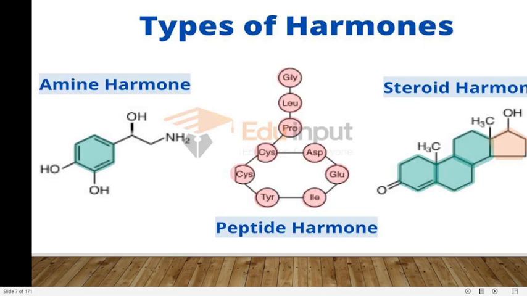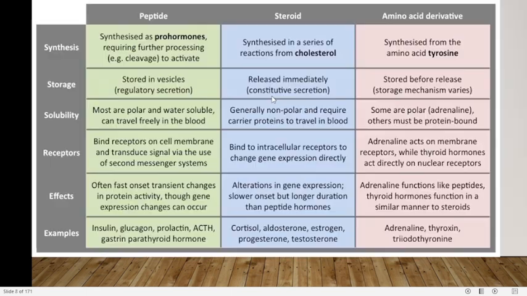There are three major types of hormones. We have the peptide hormones, also known as protein hormones. We have the steroid hormones and the amine hormones. Further explanation to them, but you can look at it.